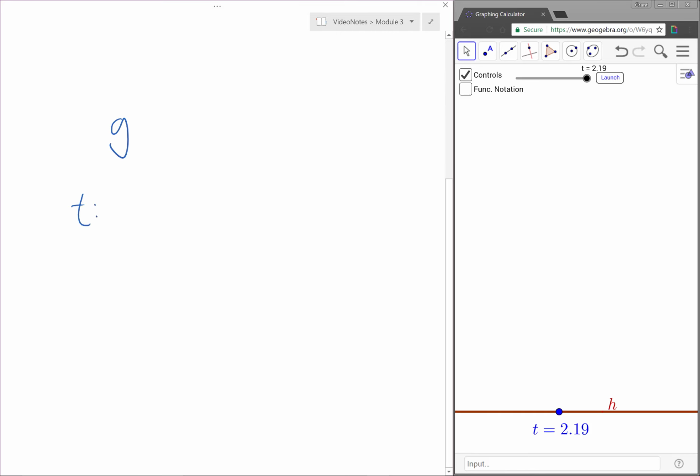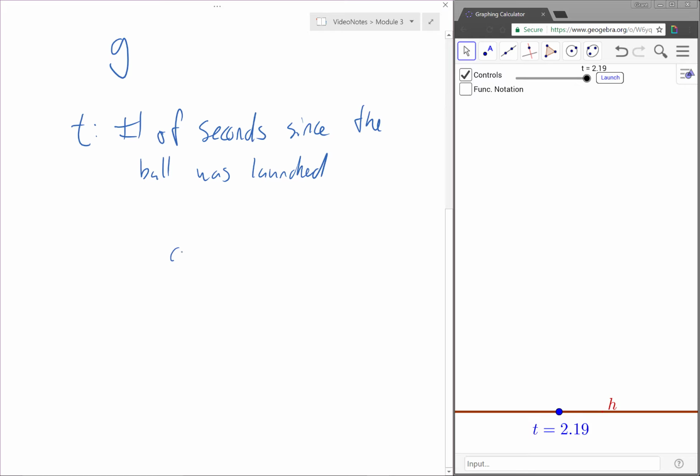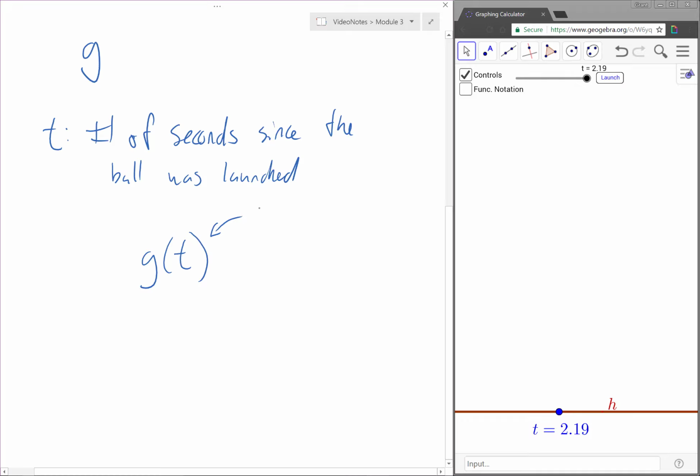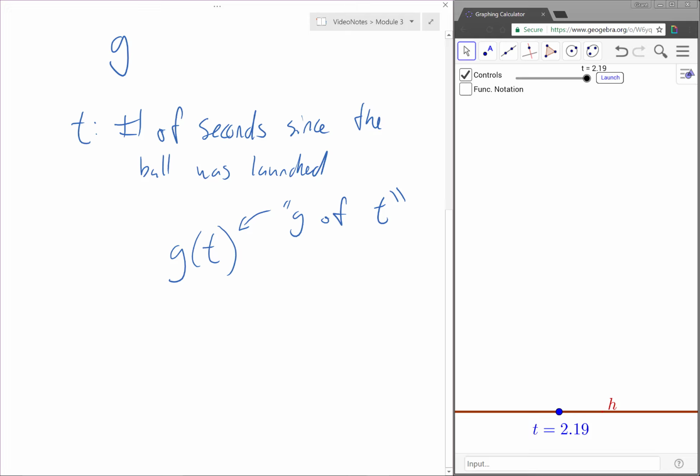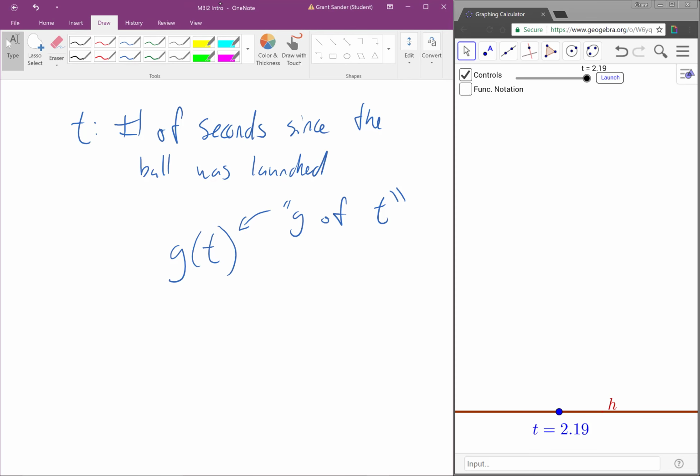Now in this context, if we let T represent the number of seconds since the ball was launched, then we can use the notation G, left parenthesis, T, right parenthesis, which is pronounced as G of T. We can use this notation to represent the ball's height above the ground T seconds after it was launched.